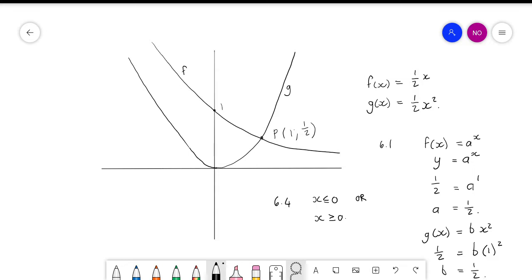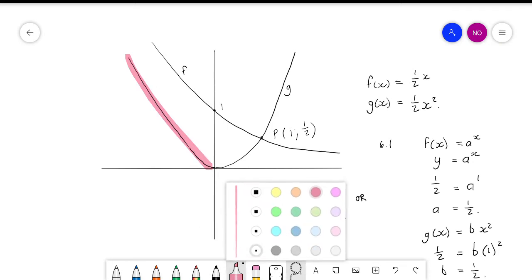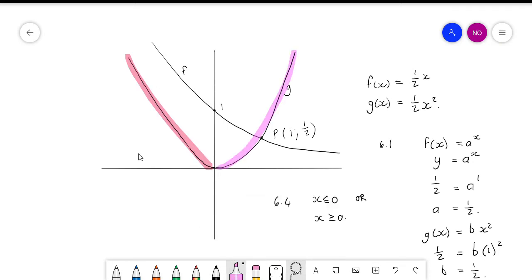Give two ways in which the domain of G could be restricted to ensure that the inverse is a function. So you either have to restrict it to this arm or to this arm. And then the inverse will be a function.